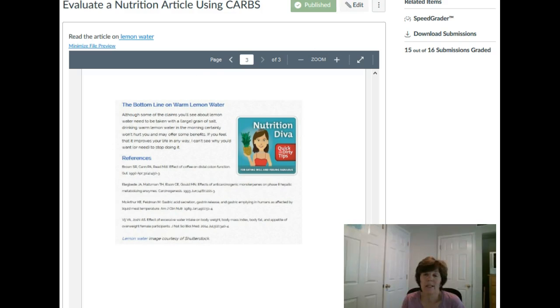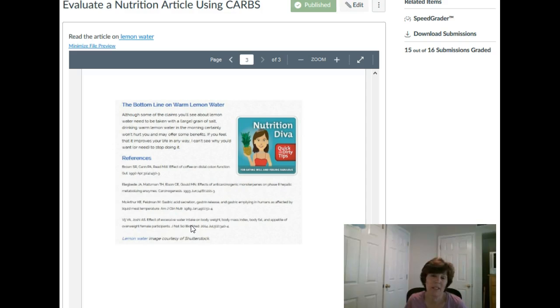There was an item that seemed to cause a little bit of confusion, and that's about the supported by evidence base. So we're looking for the references that the author is citing to back up their content in their article or their blog post. And these references can be older than the 10 years that is the C for currency in CARBS, which means the article itself has to be written within the last 10 years.